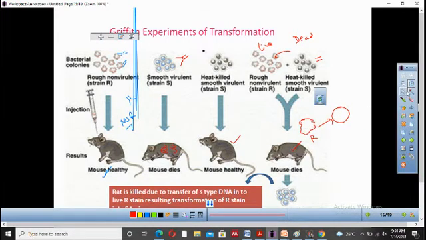How? Because they take up some of the DNA of the smooth one, and due to this integration, the R gets transformed into the smooth one, leading to death. That process is called transformation. It was further proved that it is the DNA which is responsible for the transformation of the R strain into the smooth strain.